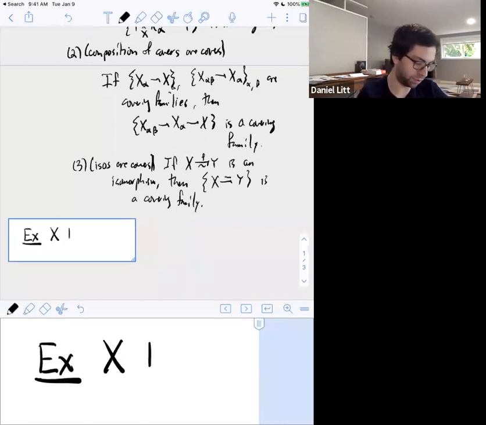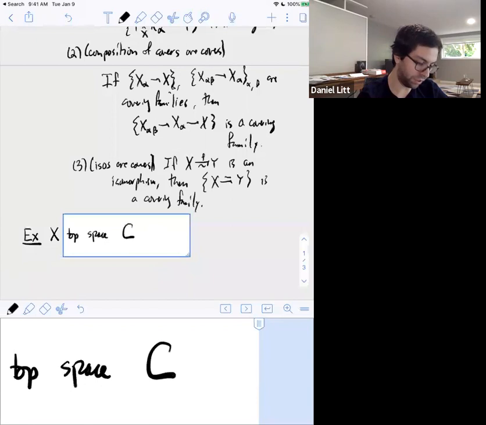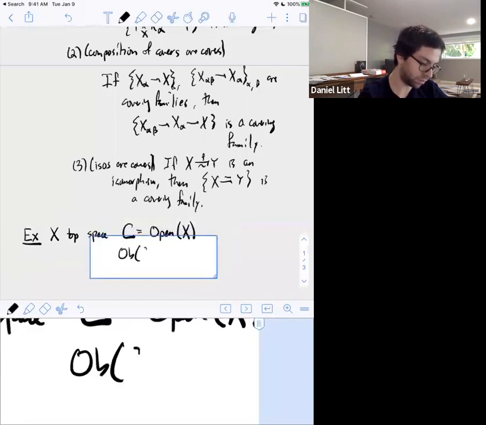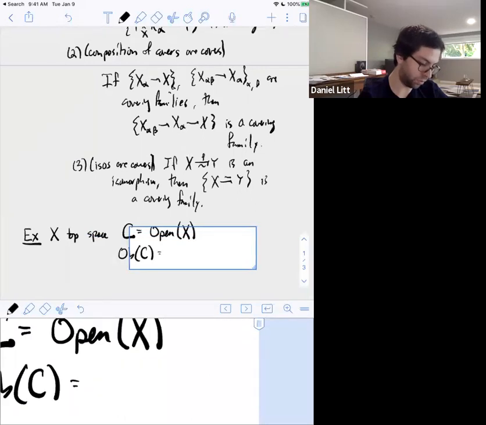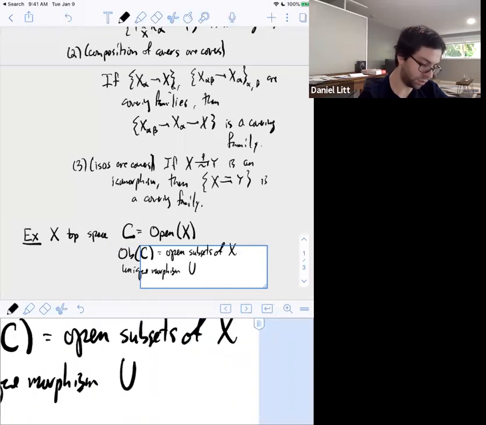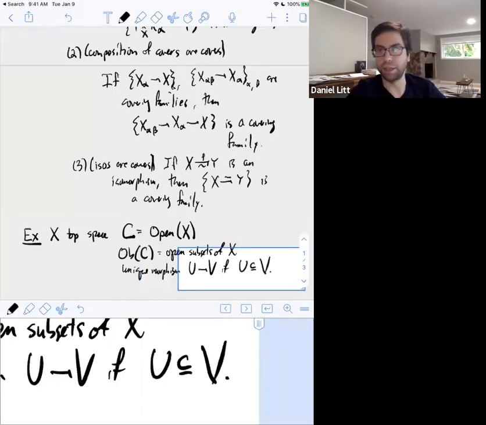If X is a topological space, I'm going to define the category C to be the category of opens in X. So the objects are just open subsets of X. And then there's a unique morphism U to V if U is contained in V. So this is the poset category.